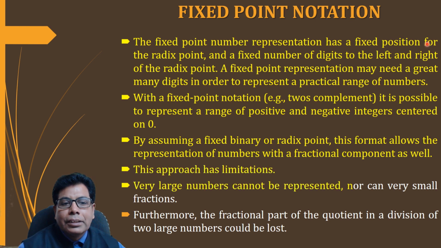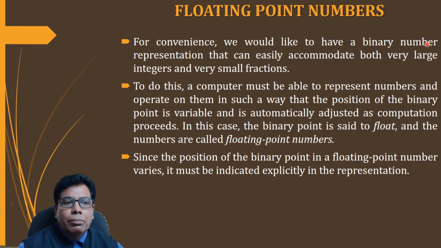Very large numbers cannot be represented, and similarly very small fractions cannot be represented. And again, the fractional part of the quotient in the division of two large numbers could be lost. So with these limitations we cannot use the fixed point notation. We have to go for floating point numbers.